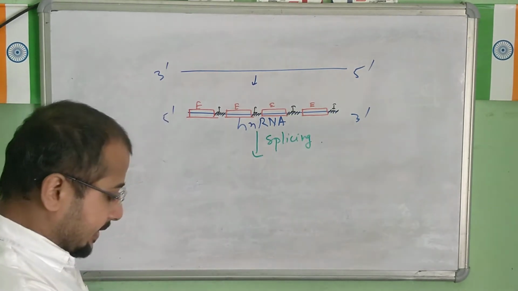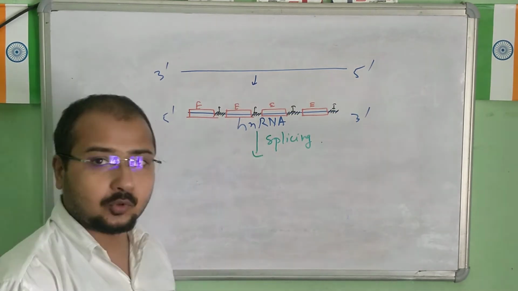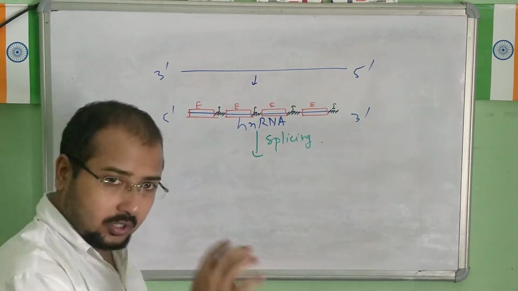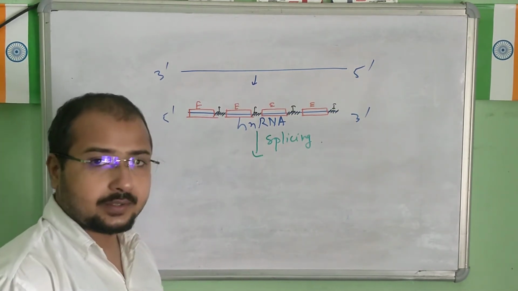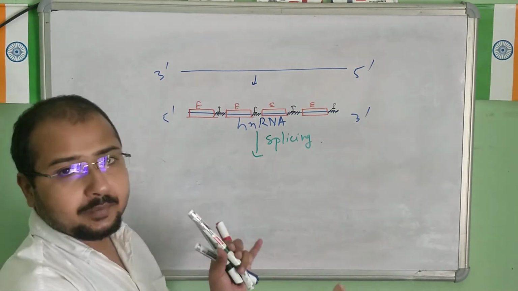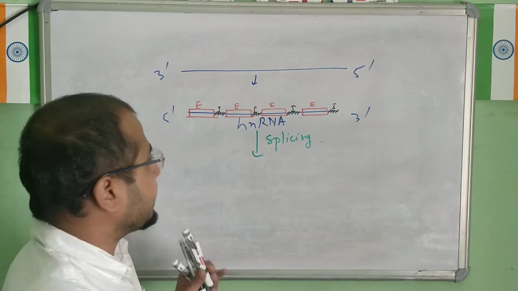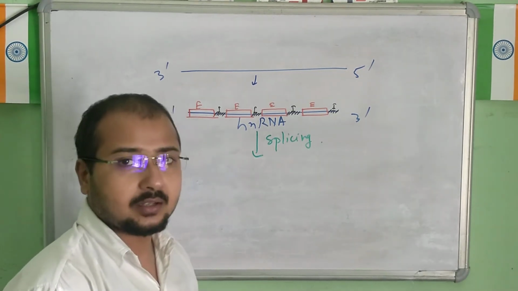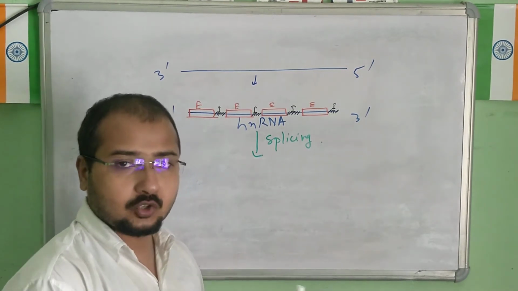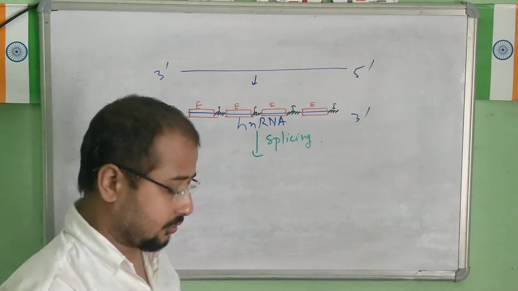In the splicing technique, what happens is that the introns are removed, the non-coding sequences. Only the exons will remain together. So when the introns are removed, all the exon endings are linked with each other, and a strand is formed which only consists of the exons.